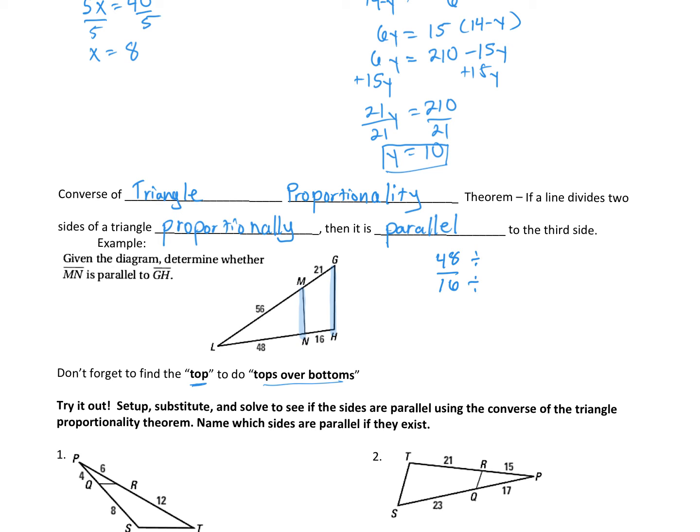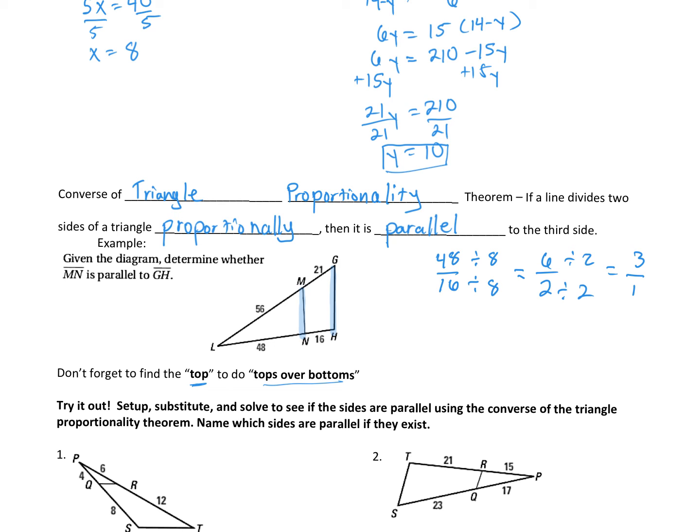Divide both by 8. 48 divided by 8 is 6, 16 divided by 8 is 2, so 6 over 2. I can simplify that some more. Divide that further by 2. This gives me 3 over 1. Okay, so that's one side.